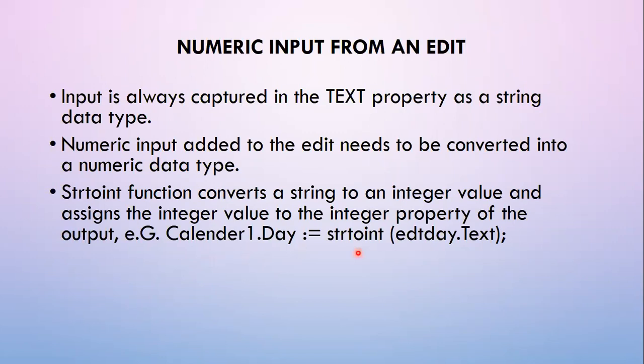Here I'm creating a variable calendar1.day, and I'm going to enter something in here. I'm going to use my edit box, convert it, and assign it to this variable. This calendar1.day is a variable.